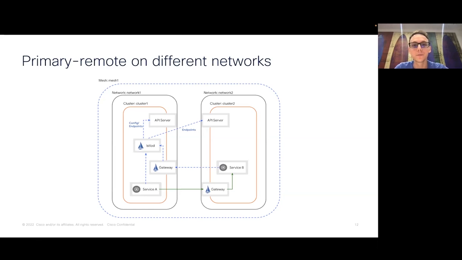So the primary remote on different networks setup has a lot of similarities to the multi-primary one. The difference is that there is no Istio control plane on the remote cluster, which is essentially an Istiod not being on this cluster.